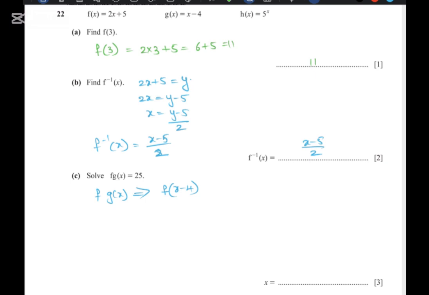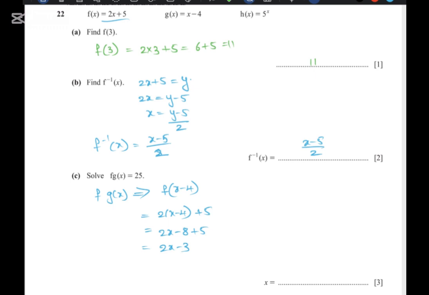So f of x minus 4 will be 2 into x minus 4, because in the given function for f you substitute the value of x as x minus 4, plus 5. So 2 into x minus 4 plus 5. 2 should be multiplied to both numbers. So 2x minus 8 plus 5. This will be 2x minus 3.